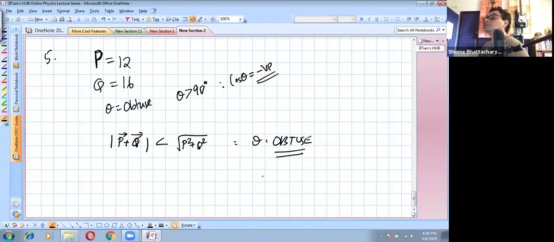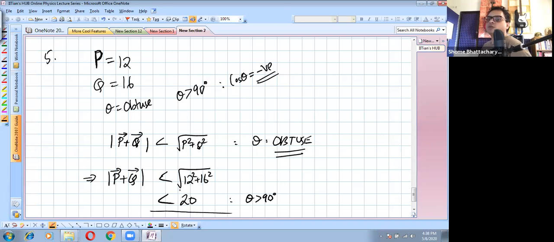Now, we've written this for vectors A and B, but that same thing applies over here. So we can see that mod of P plus Q will be less than the root of 12 square plus 16 square. So it will be less than 20 because theta is greater than 90.